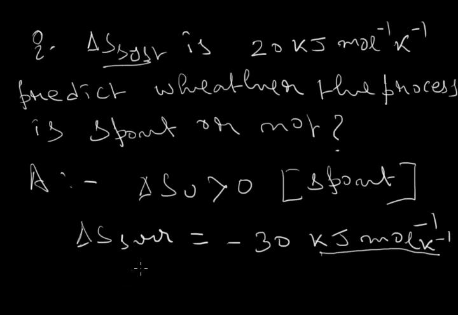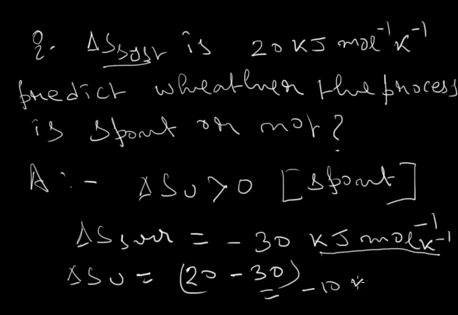If the entropy change of the surrounding is minus 30 kilojoule, then the entropy change of the universe is 20 minus 30, that is equal to minus 10 kilojoule mole inverse Kelvin inverse.